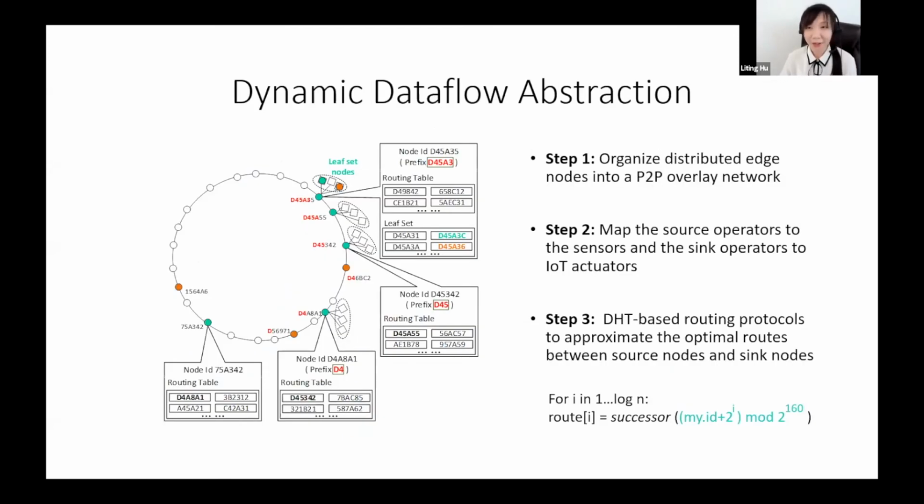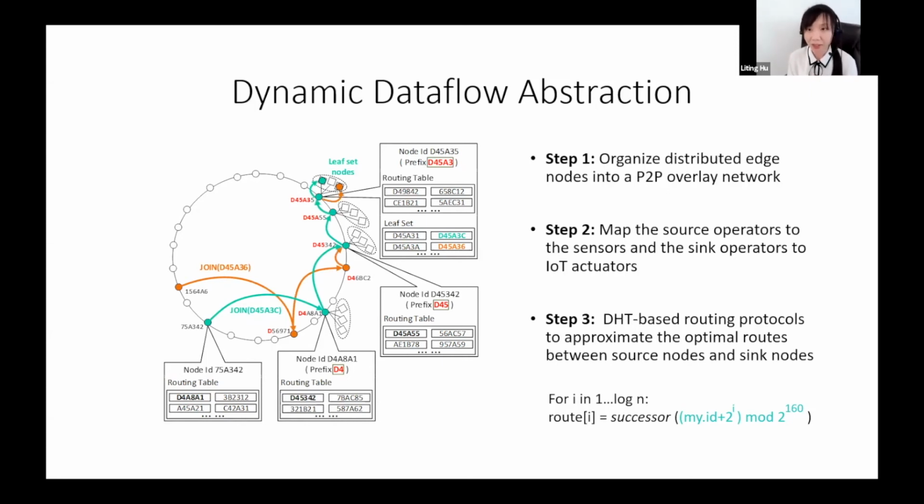Here we use an example of the process of building the dynamic data flow graph for an IoT stream application. It has 3 steps. First, we organize distributed edge nodes into peer-to-peer overlay networks. Second, given a stream application, we map the source nodes to the sensors, and we map the sink nodes to the IoT actuators. Third, we enable every source node to send a join message towards the key.